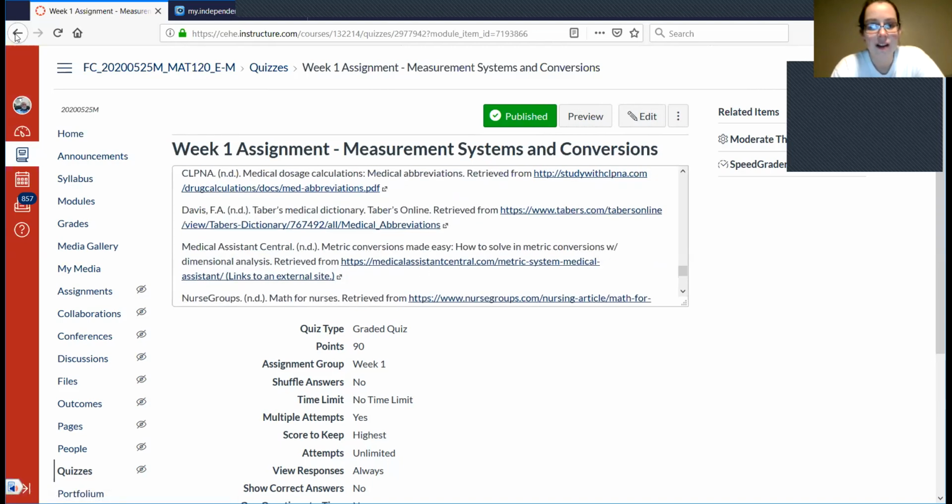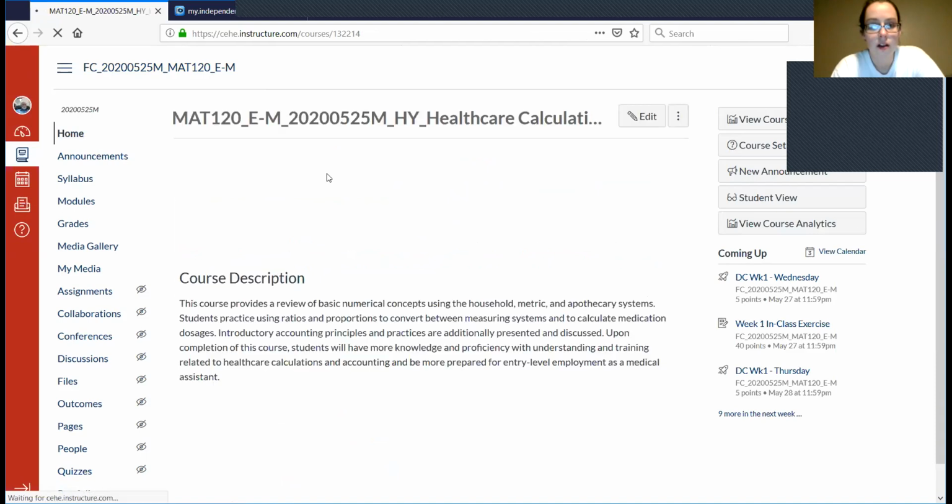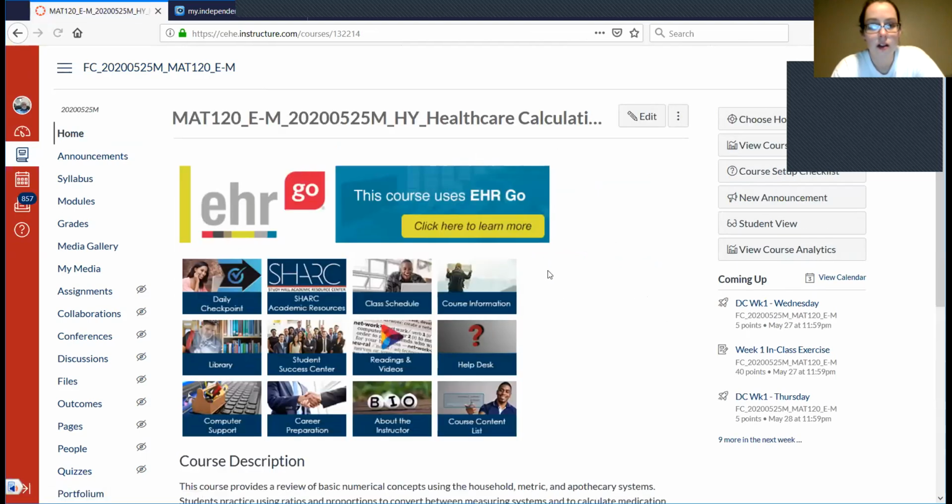But one thing I wanted to say up front, let's go to the home page right now. This course uses EHR Go. Have you used that in some of your other classes? I have, yes. Great. So you have an EHR Go account. Yes.